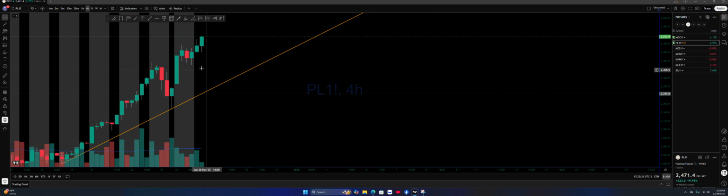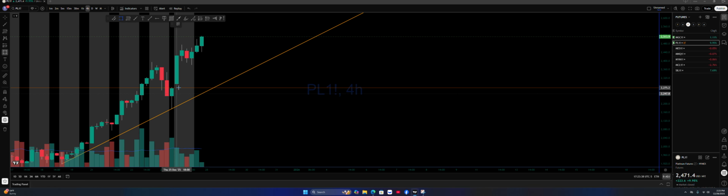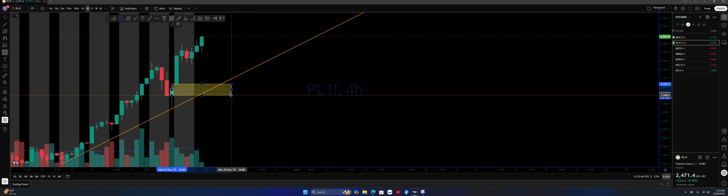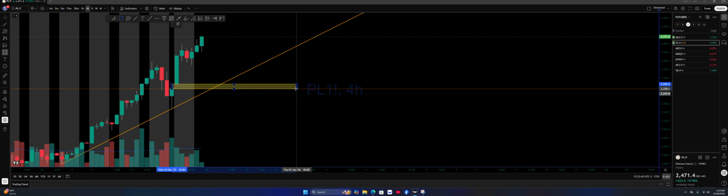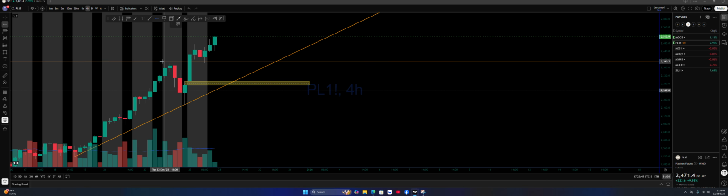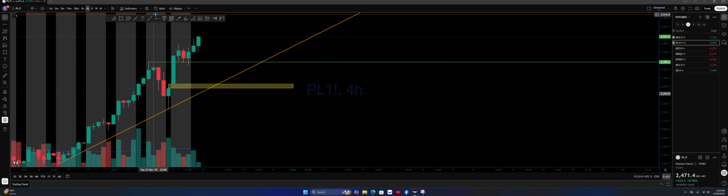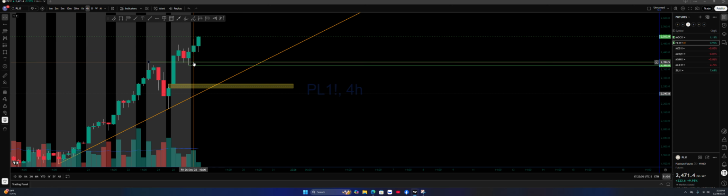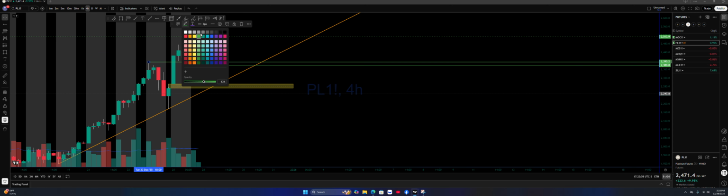Right. And then there is a price imbalance right here. So no overlapping of price. And then we see this level here. And then this is liquidity. I'm just going to change this to white.